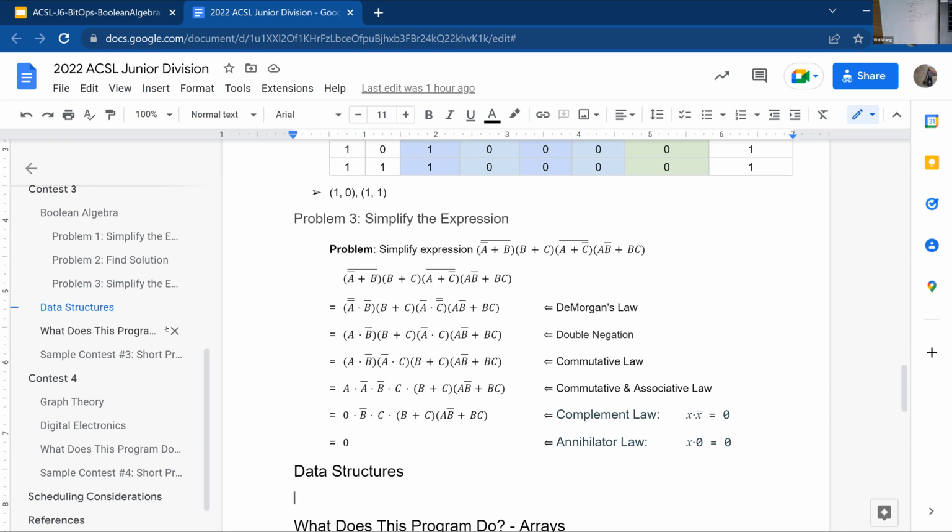The reason I'm moving them is to eventually get to A and not A. Put these two together, then it's the complement law. If you have X and not X, that's always false. Something and not something cannot both be true at the same time, so it's always false.